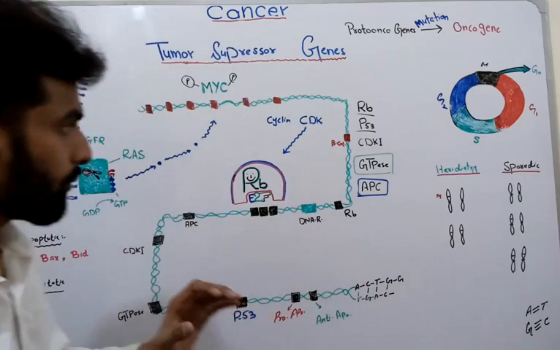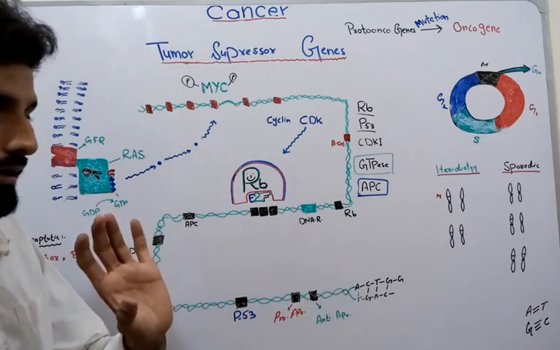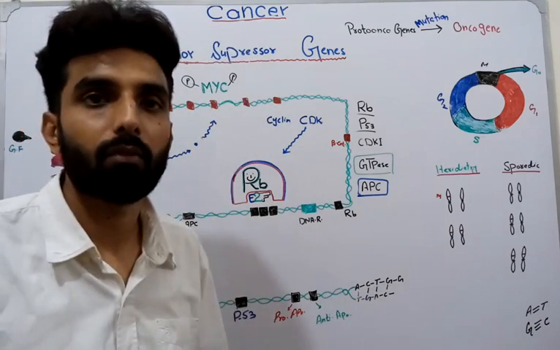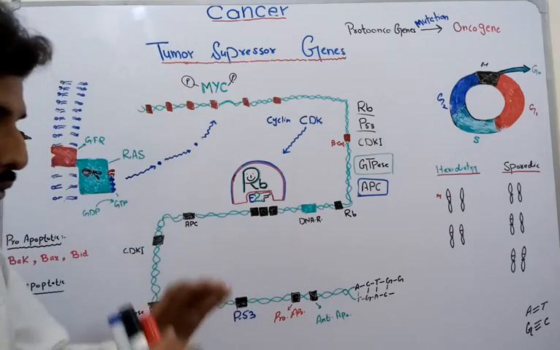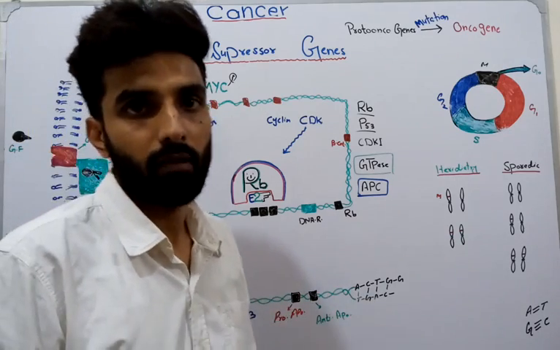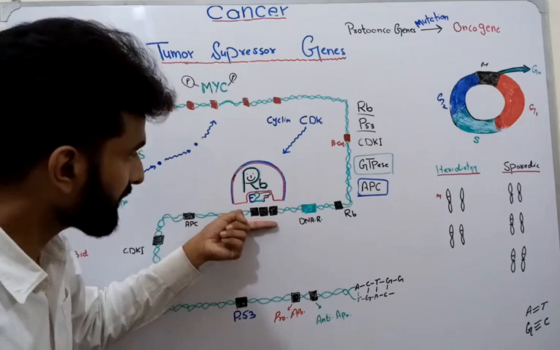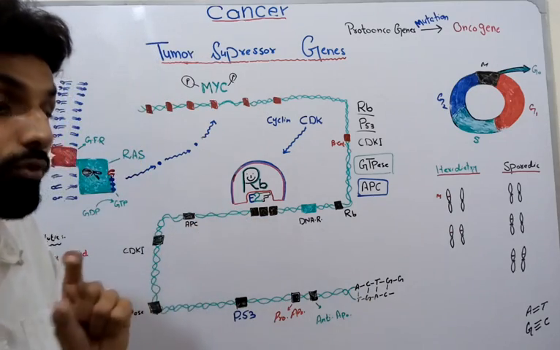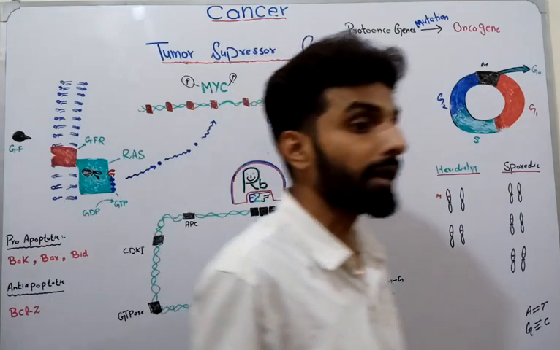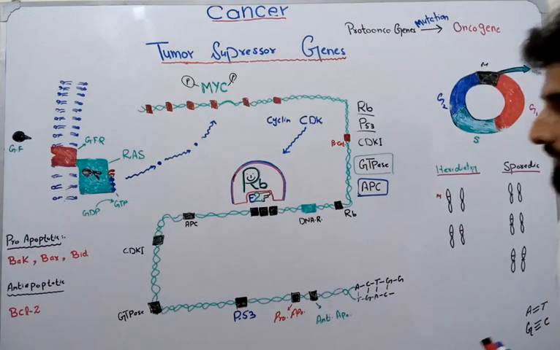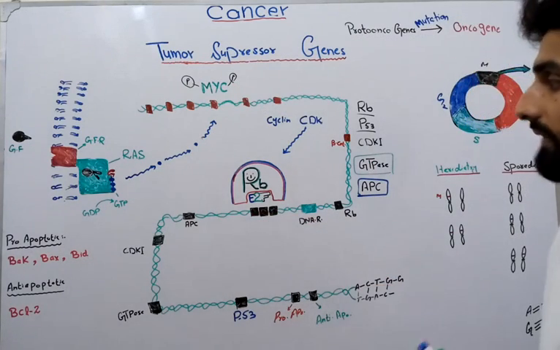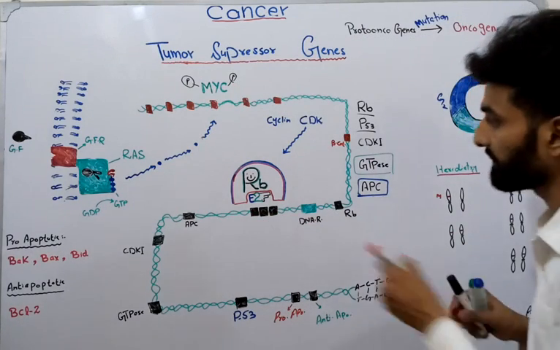So there must be a kind of molecular brake responsible to stop the proliferation, to stop the activation and expression of these genes. And those genes which are molecular brakes, or which are basically inhibiting these genes, are called tumor suppressor genes.